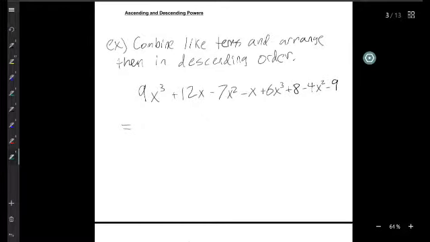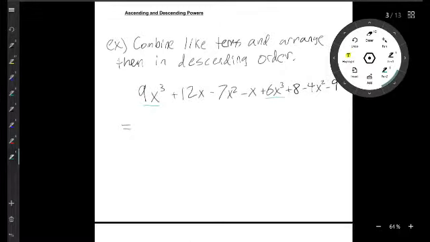Well, look at these x cubed terms here and here. And then notice these x squared terms.